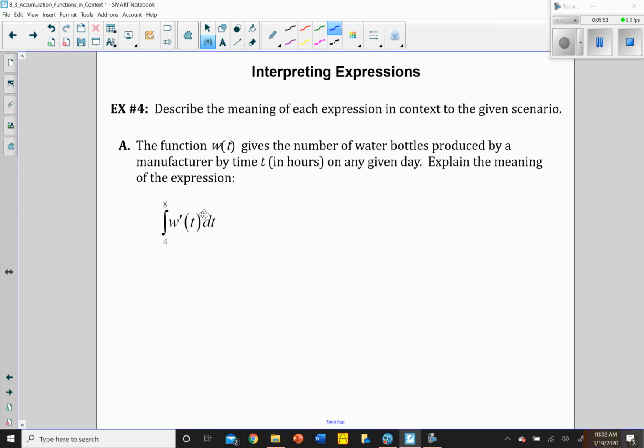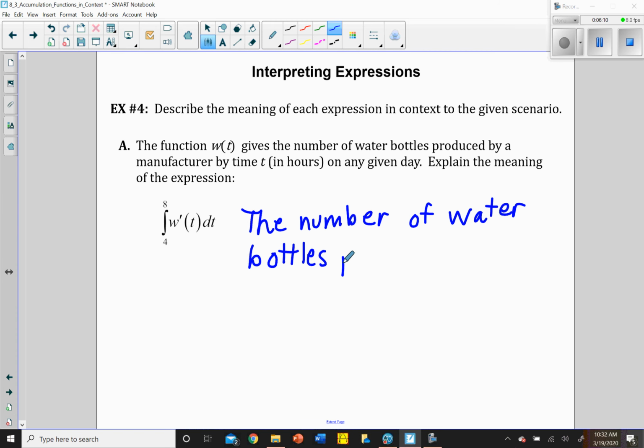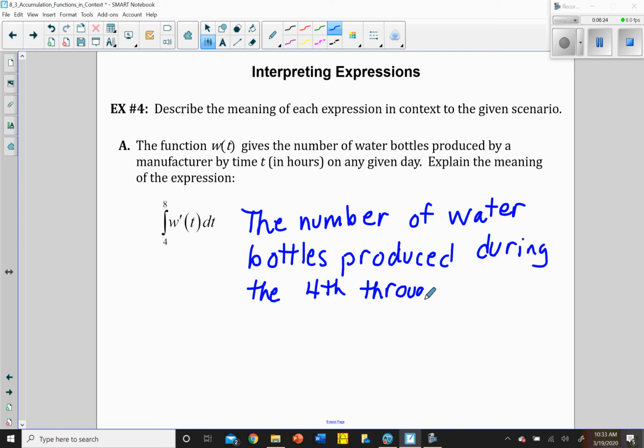So this expression would be the number of water bottles produced by the manufacturer during the 4th through 8th hours.